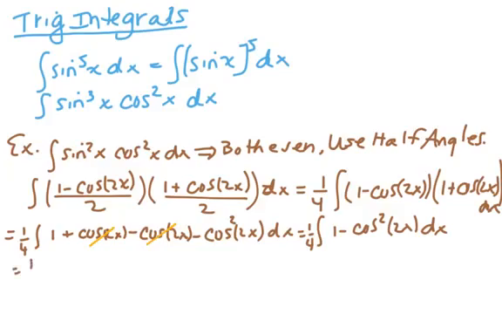So this is the same thing as 1/4 the integral of, this should look familiar to you, that's just sine squared 2x dx. So that's helpful, but I'm still not quite there. Well, I can make another half angle substitution.